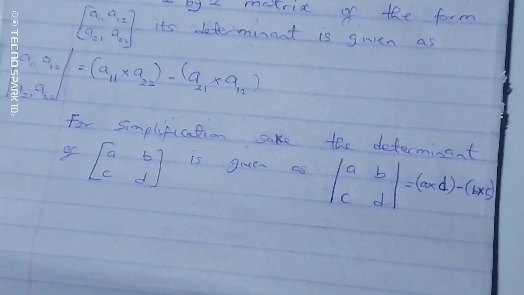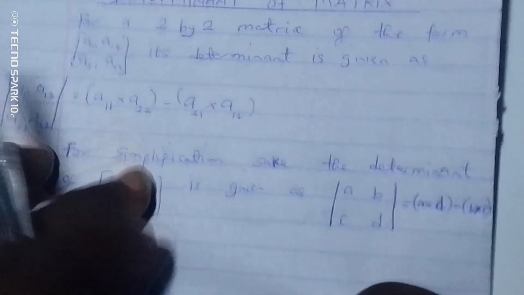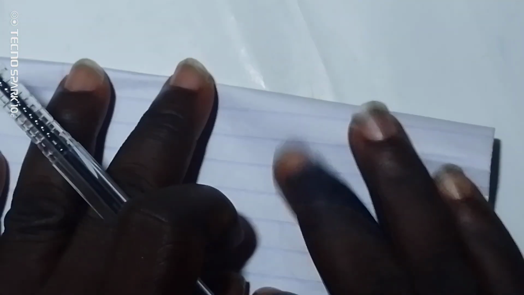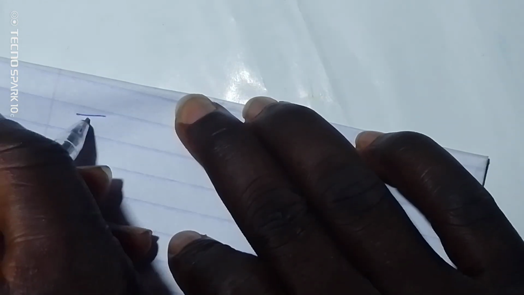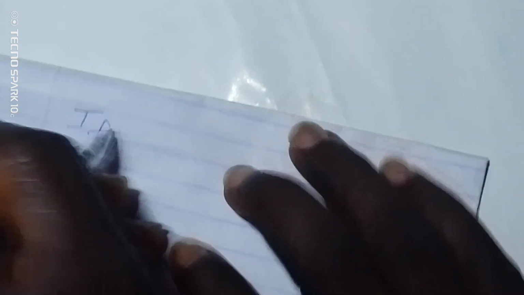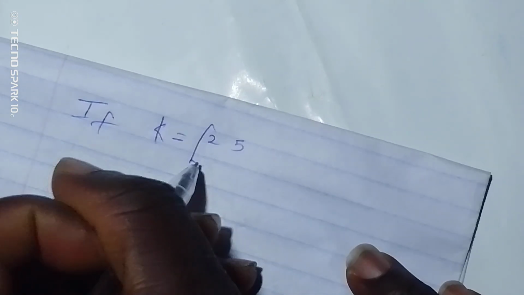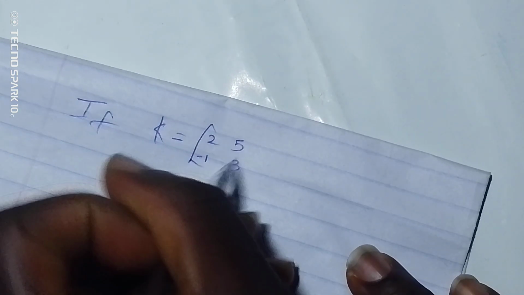So let's take, for example, if you have to find the determinant of this one I'm about to write. Let's say K is equal to 2, 5, minus 1, 3.